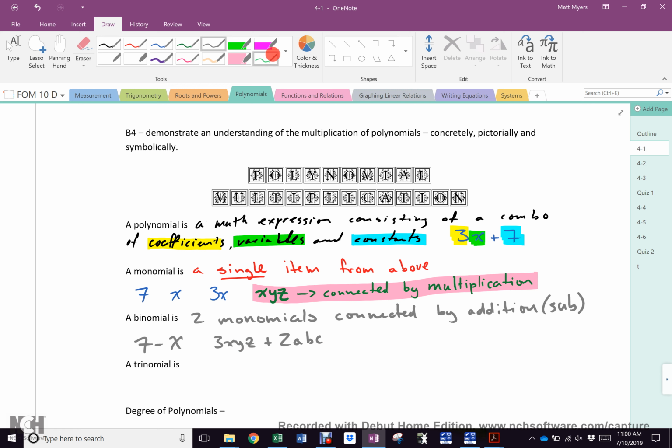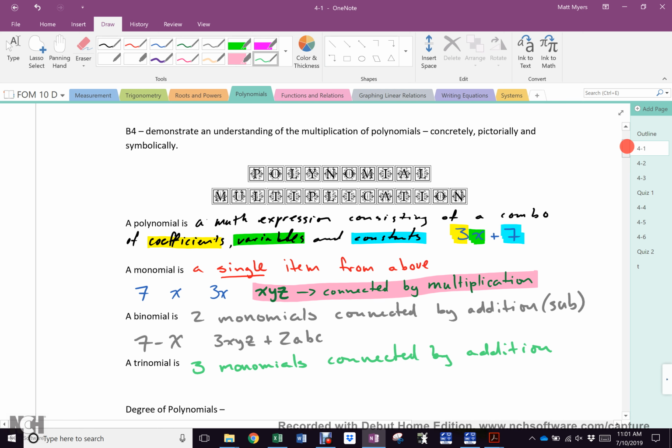And lastly, because you are intelligent young people, obviously a trinomial is 3 monomials connected by addition. After that, we just call them polynomials. They don't get special names after that.